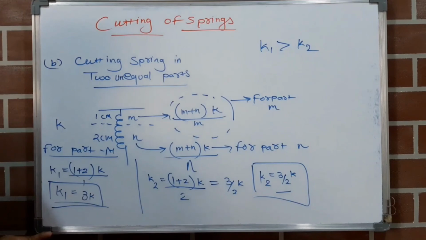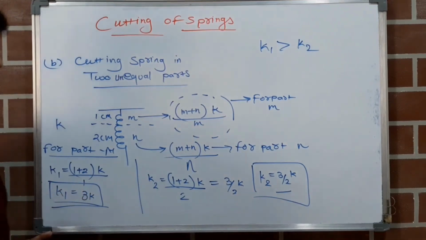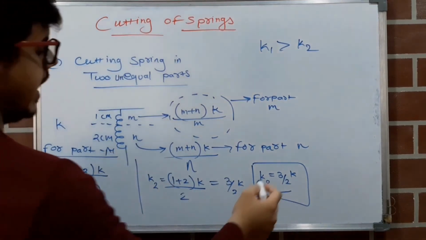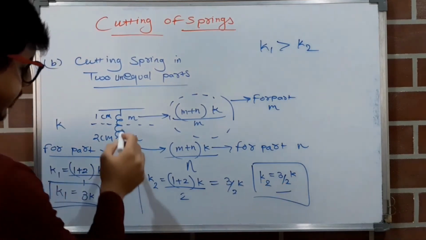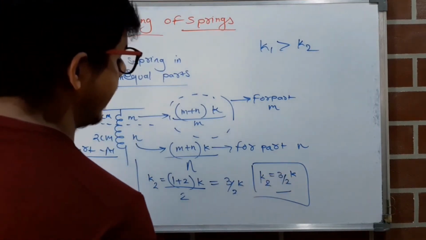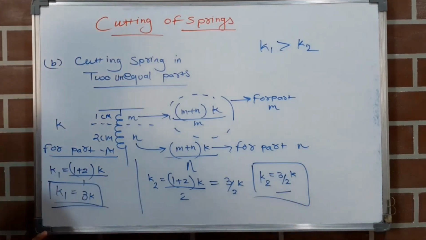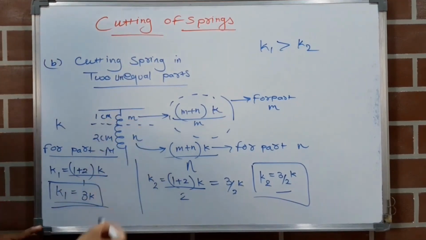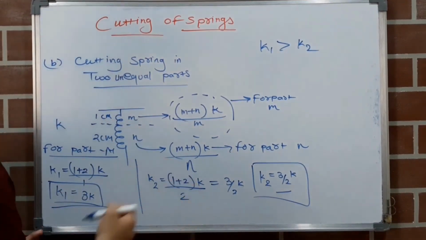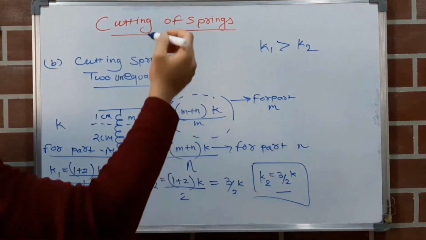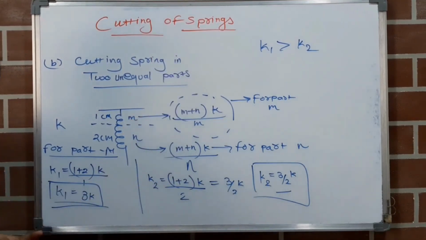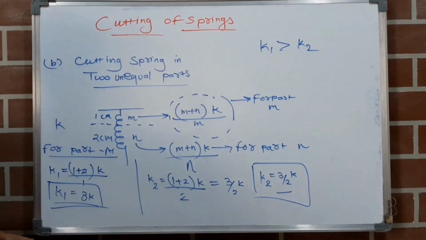That 1 centimeter part has 3K stiffness, 3 times the original stiffness, and the other part of the spring has 3 by 2 times the original stiffness. So remember that if the spring is small, then its stiffness is more, and if the spring is long, then its stiffness is less. Okay, so that's all about this cutting of springs.